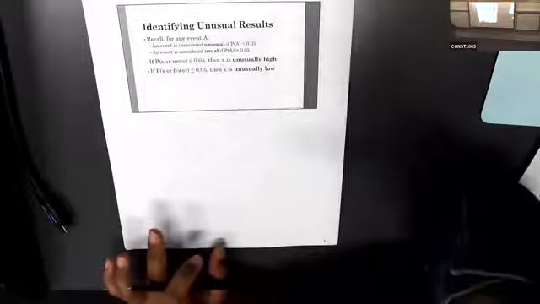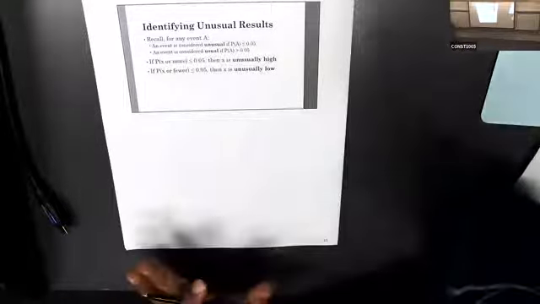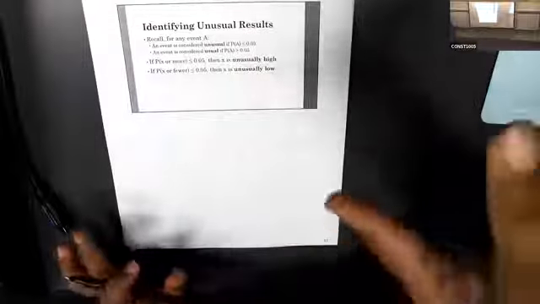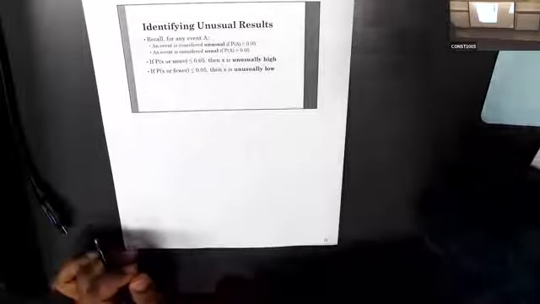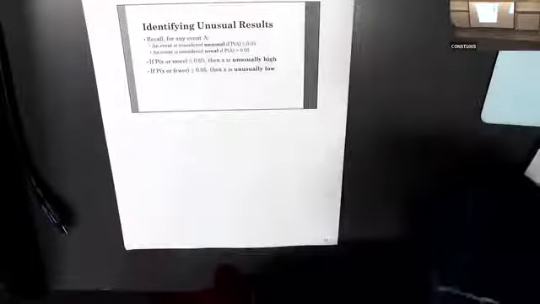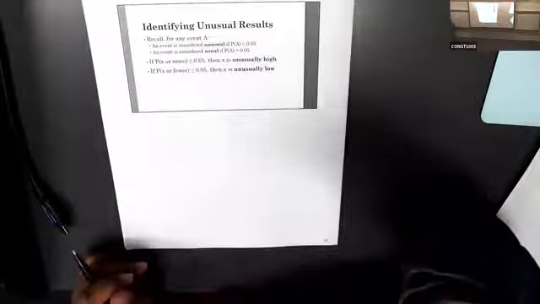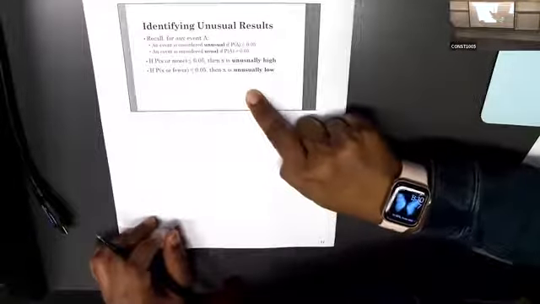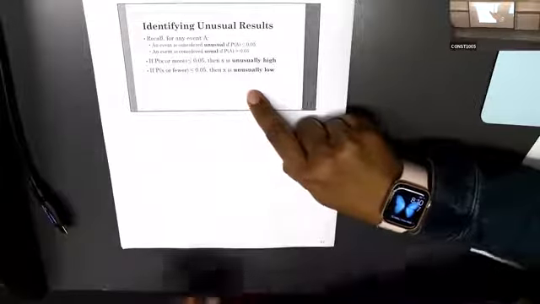There are two boundaries: one boundary is the mean minus 2 standard deviations, and the other one is the mean plus 2 standard deviations. If you have any value in between those two values, I told you that value will be usual, otherwise unusual. There is another way to identify unusual results. In here, we are going to use the probability. What is this?